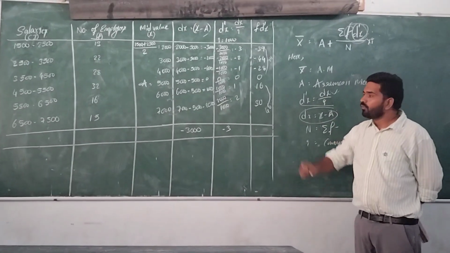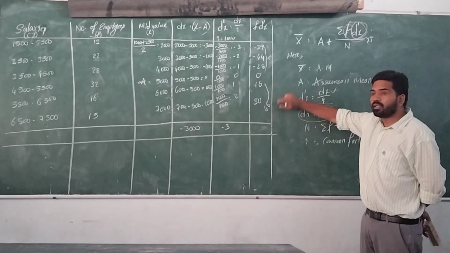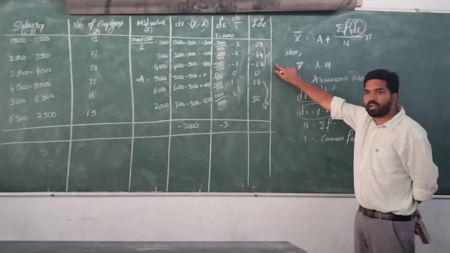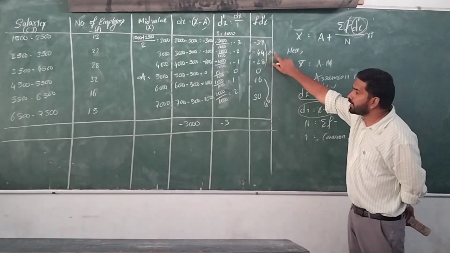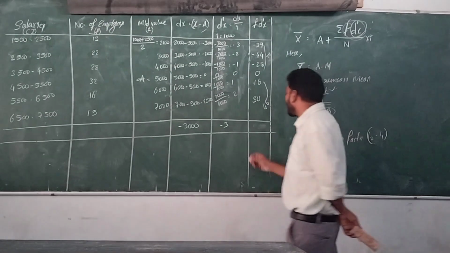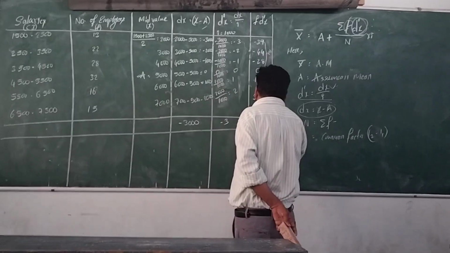What you have to do is deduct negative values from the positive values. So 46 minus 111, you get minus 65.